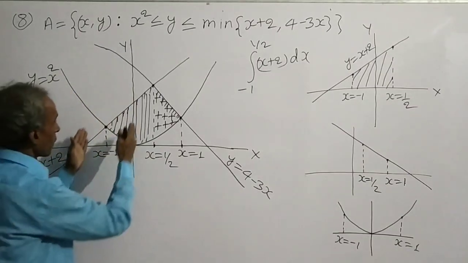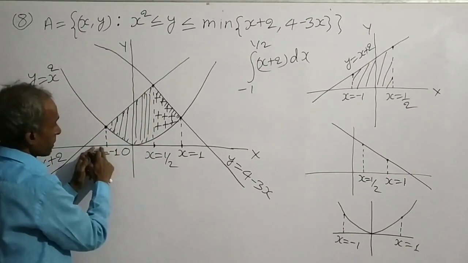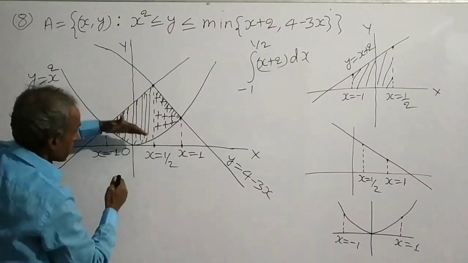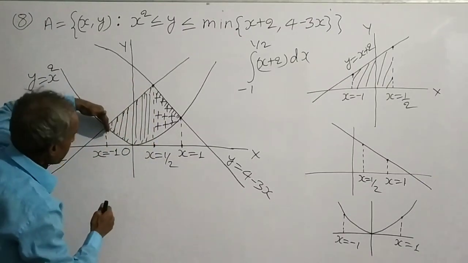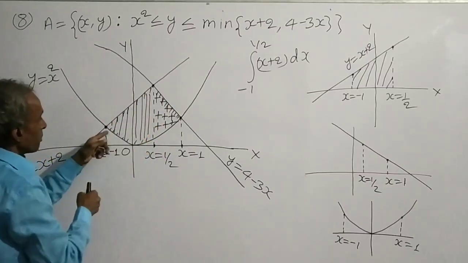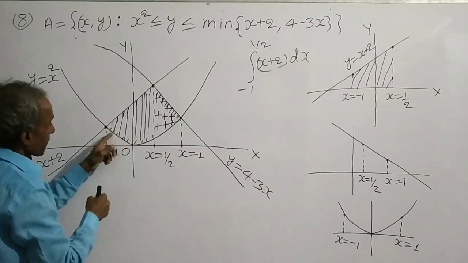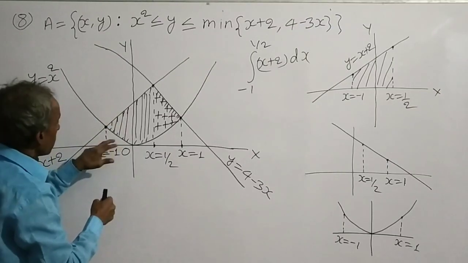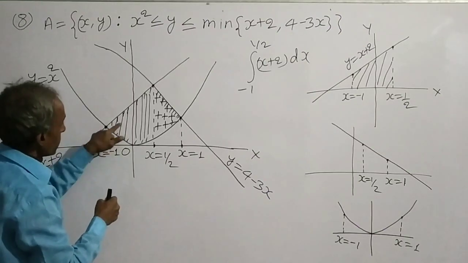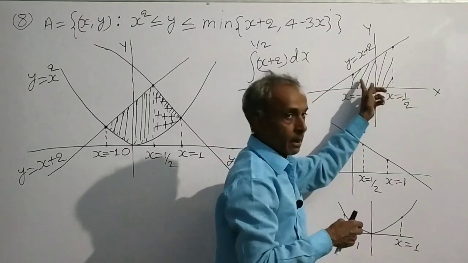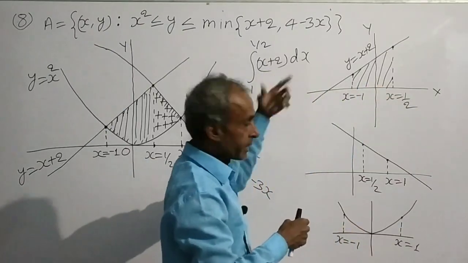But this is not equal to the area between the two dotted lines below this and above this parabola. Why? Because this part lying below the parabola is not included in this area, but here all the region has been included in this area.